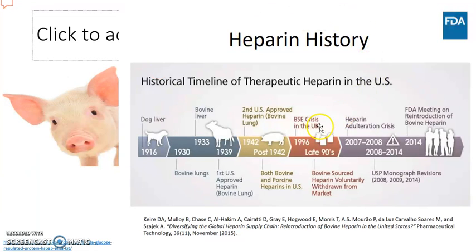There's another picture showing the timeline of therapeutic heparin in the US from a historical point of view. Previously it started with dog liver, in 1916, and then from the lungs of cows, and then from the cow's liver.